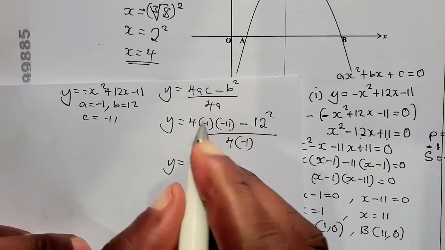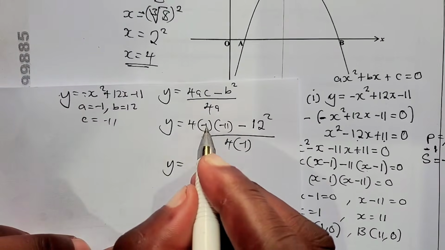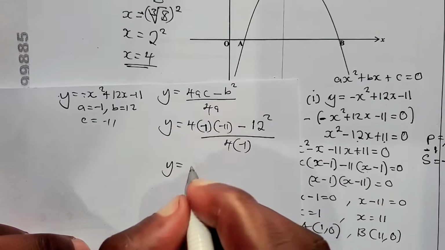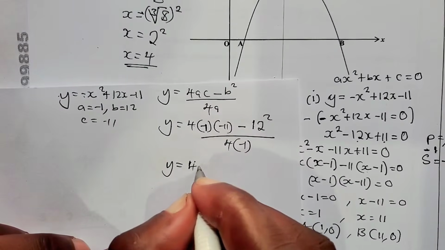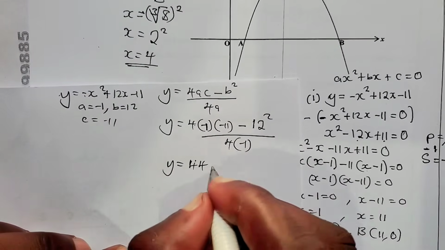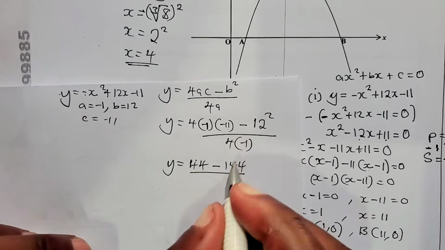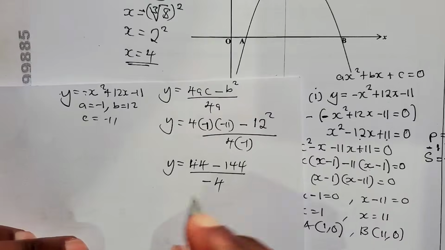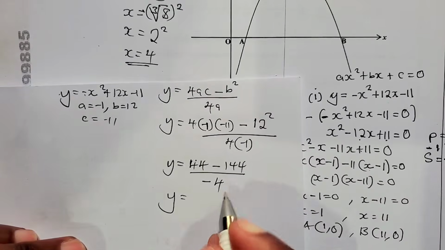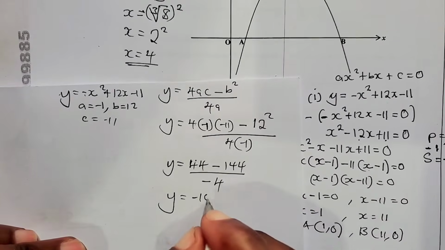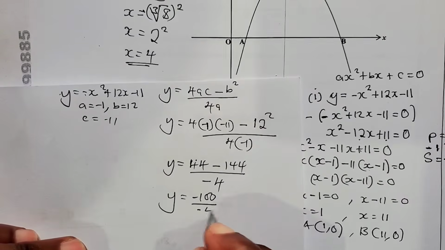Then y equals 4 times negative 1, which is negative 4. Negative 4 times negative 11 is positive 44. Minus 12 squared, which is 144, over 4 times negative 1, which is negative 4. 44 minus 144 is negative 100 over negative 4.